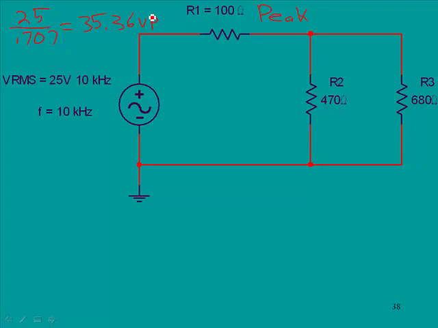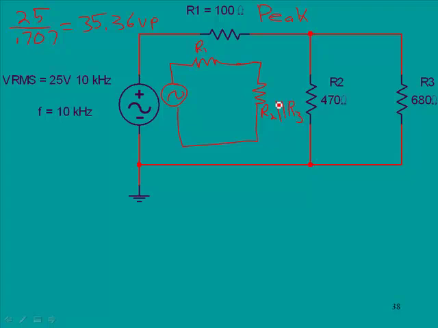And since we have a combination of series and parallel here, we should evaluate the resistance of the two in parallel. So let's draw a little simplified circuit here, and we'll say this is R1 here, and then we'll have just one resistance here that represents R2 in parallel with R3.